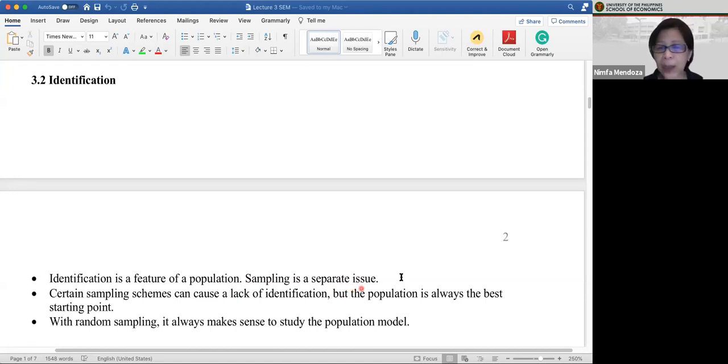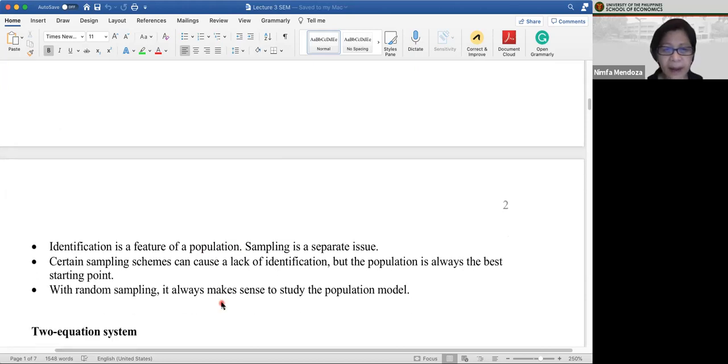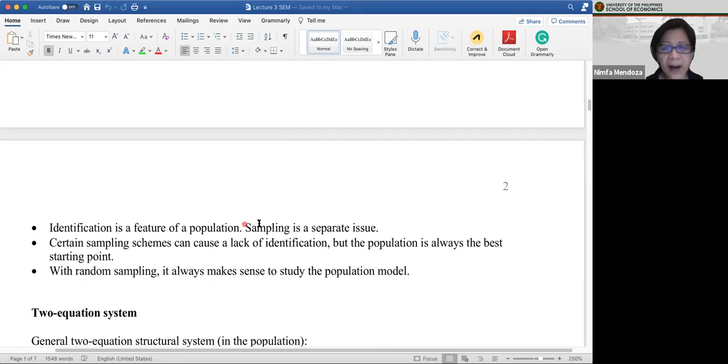That's why as we go through the lecture, our model is in terms of the population model. Okay, sampling might come in when we go into estimation. Okay.